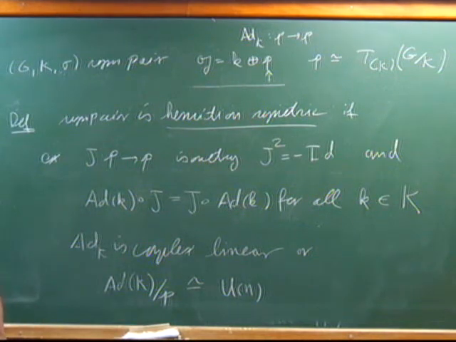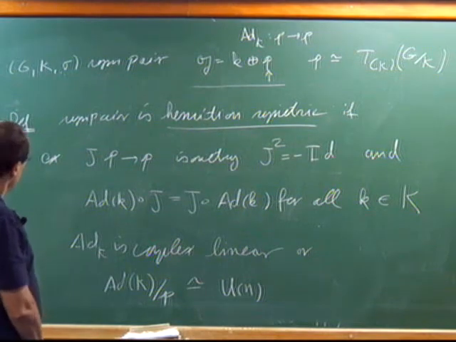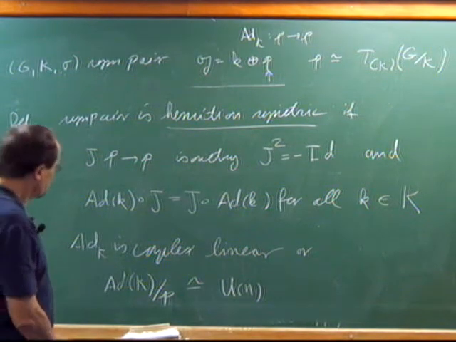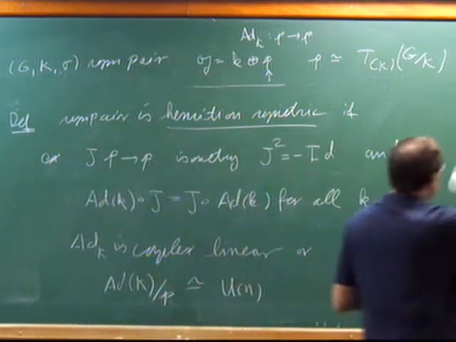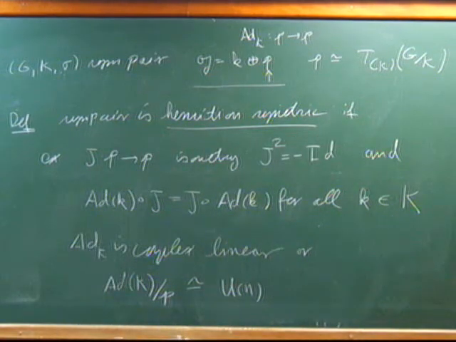I was thinking that you want to require G to be complex. No. No. You don't need it. In fact, G will not be complex. For example, there are compact Hermitian symmetric spaces, in which case G is a compact Lie group.